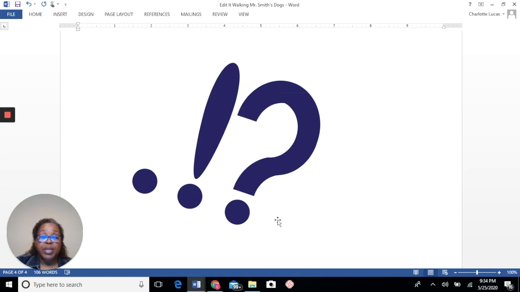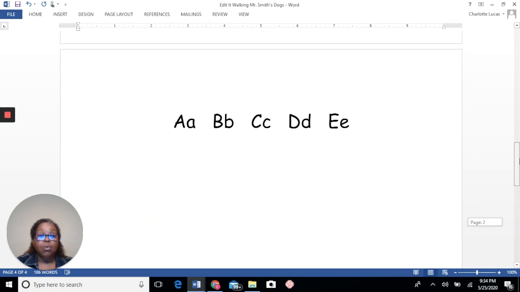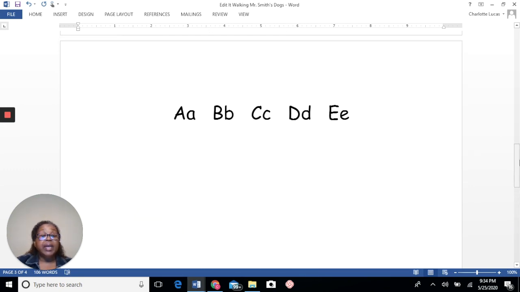The next thing that we have to do is make sure of our capitalization. And capitalization means that sentences will begin with capital letters. This is a capital letter. This is a lowercase letter. So uppercase, capital, and then this is a lowercase letter.